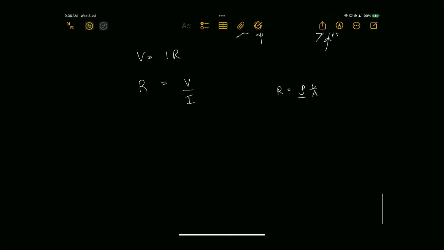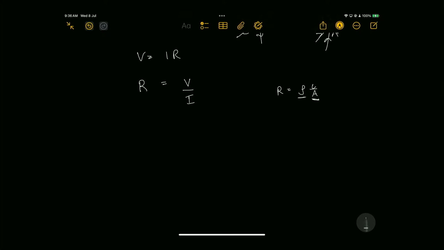Then we have L divided by A. So L and A are the length and the cross-sectional area of the conductor. So basically, the resistance depends on the size of the conductor. A longer conductor would have a larger resistance.